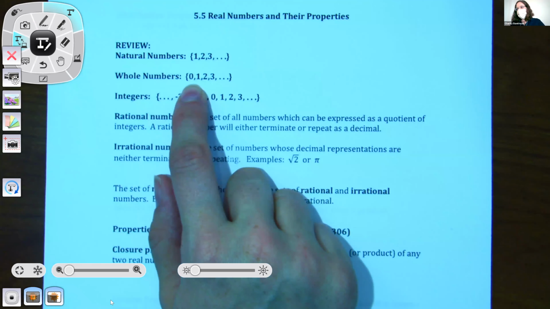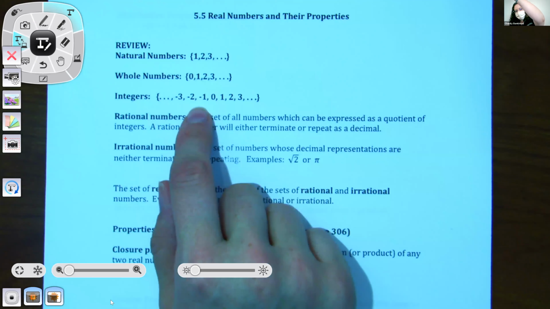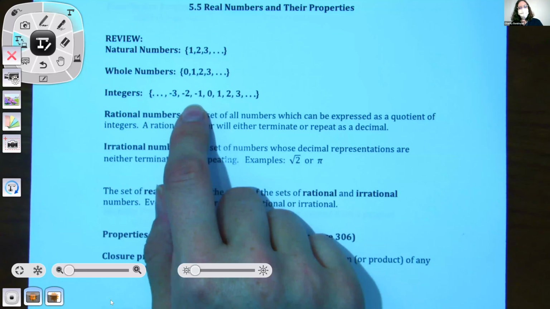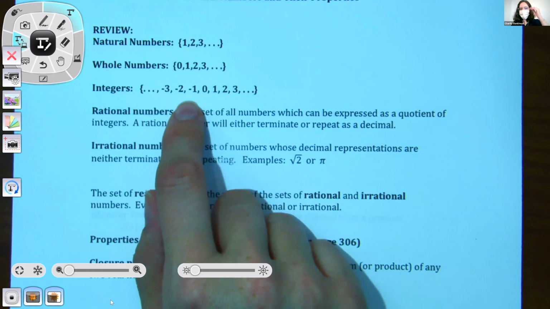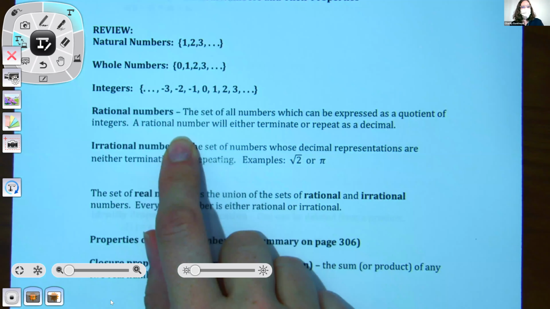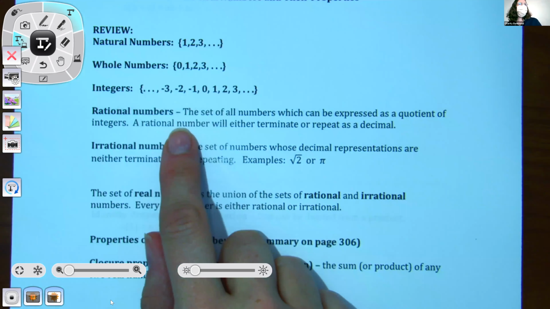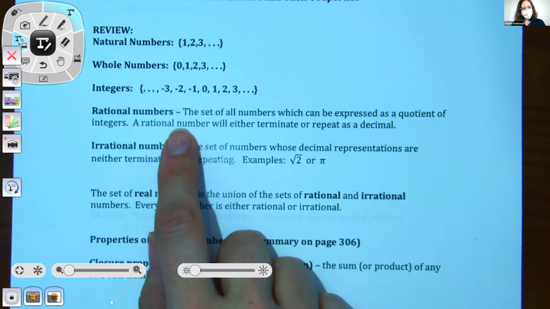Integers include all of the whole numbers, plus all of the negative whole numbers. Rational numbers are any number that can be written as an integer over an integer. We talked about this last time: basically fractions, or decimals that can be written as a fraction.